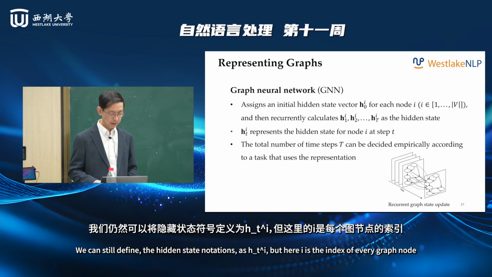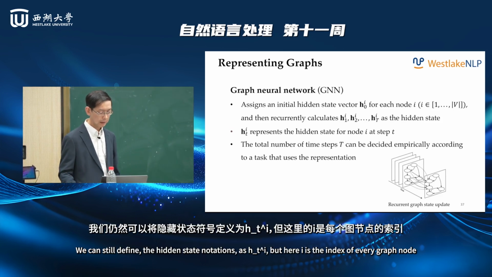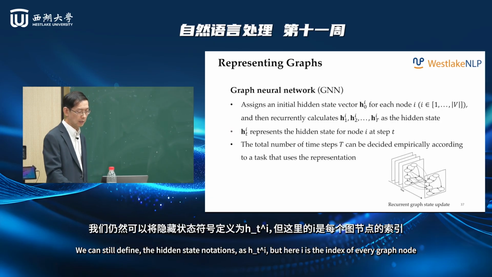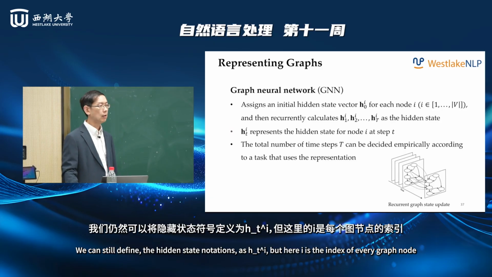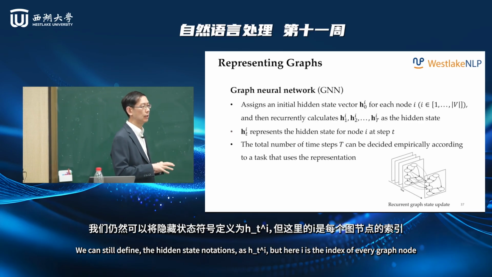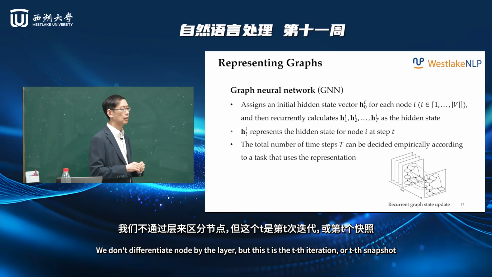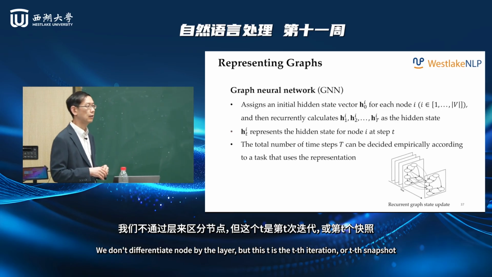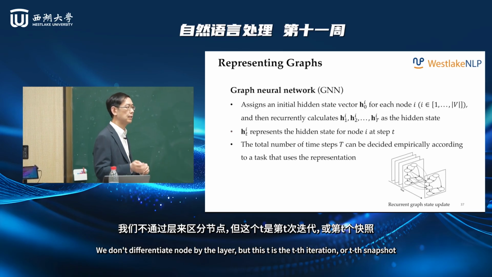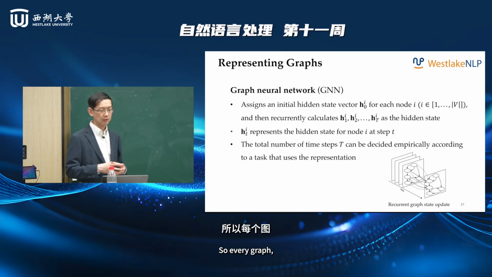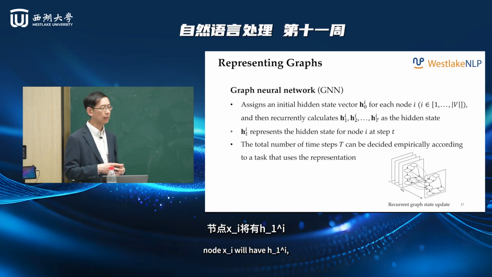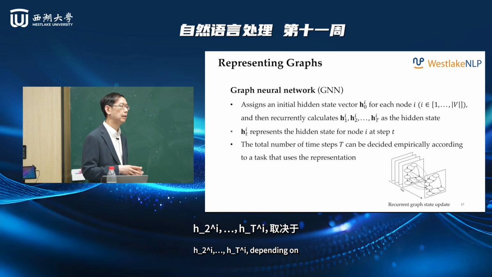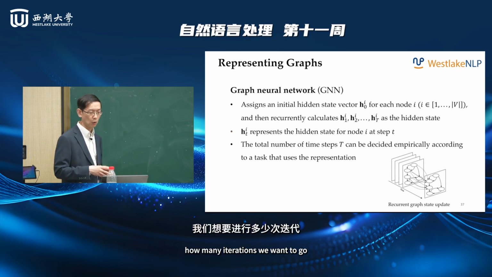We can still define the hidden state notation as h_i^t, but here i is the index of every graph node. We don't differentiate nodes by layer, but t is the t-th iteration or t-th snapshot. So every graph node x_i will have h_i^1, h_i^2, until h_i^T, depending on how many iterations we want to go.